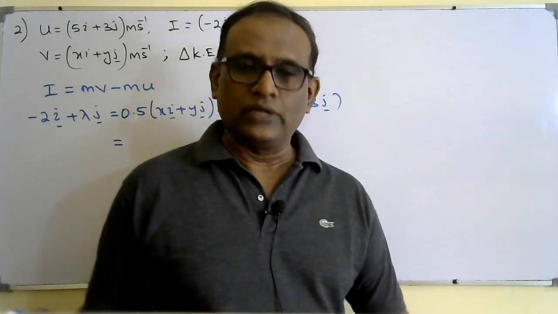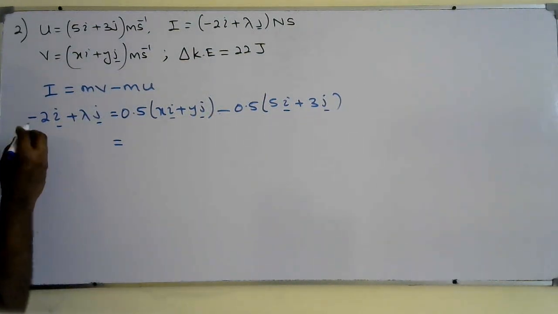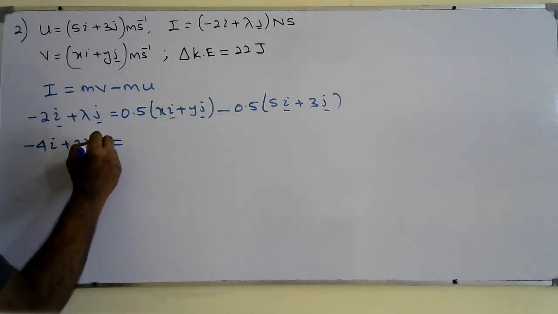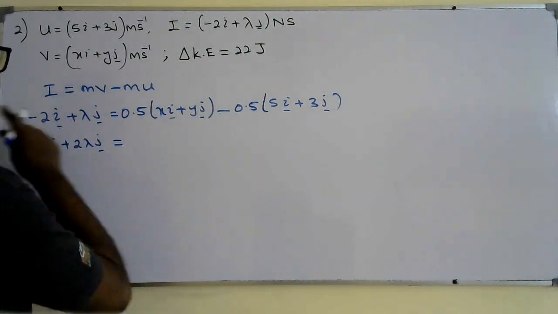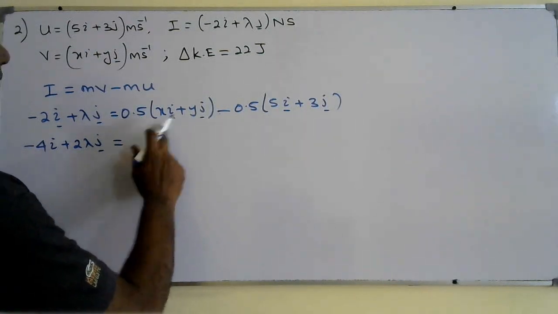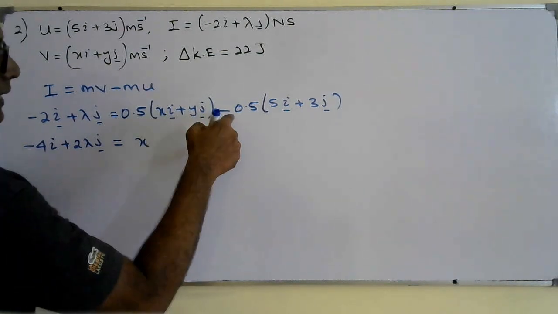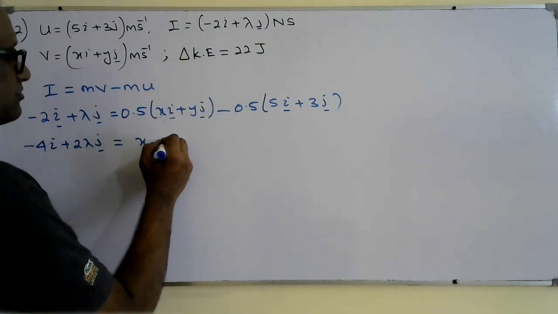We'll multiply the whole equation by 2, because 0.5 means fraction, it's half, and that's easy to avoid decimals. So it becomes minus 4i plus 2 lambda j is equal to, since we multiplied the whole equation by 2, the 0.5 is gone, xi minus 5i, so x minus 5i.